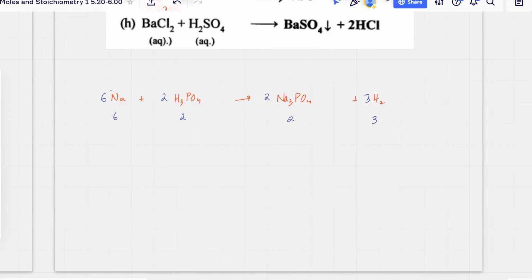Now what's going on in this case is that you've got sodiums reacting with phosphoric acid.